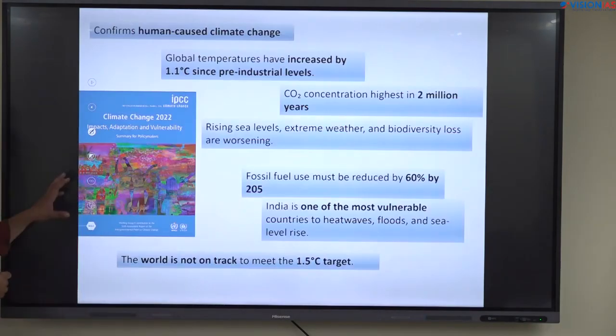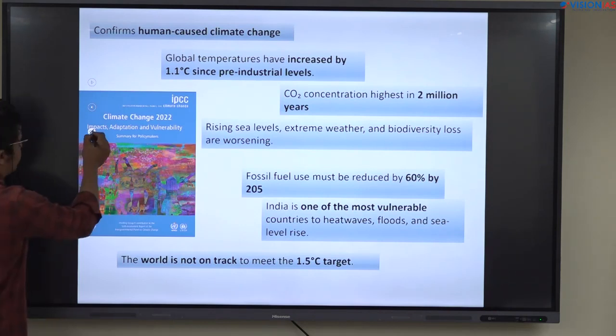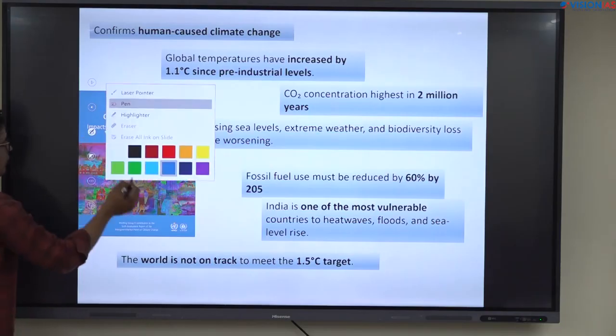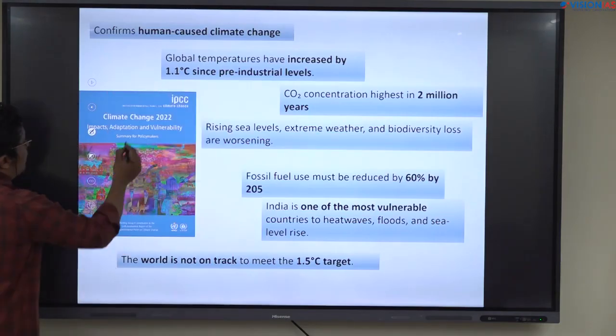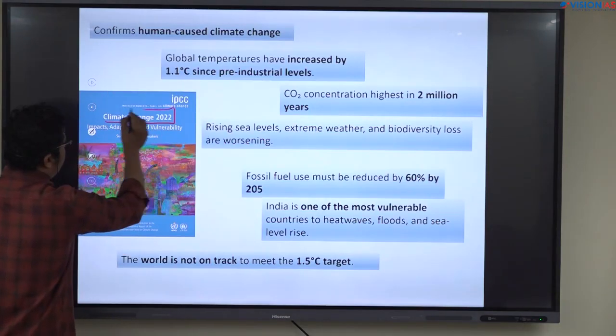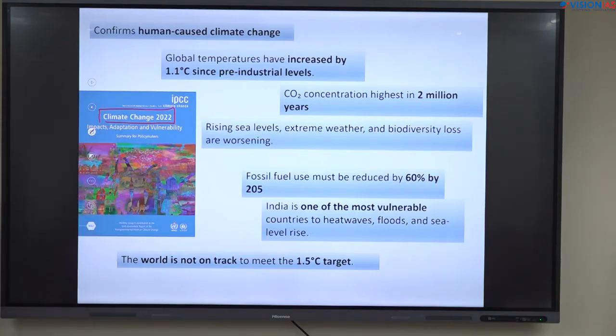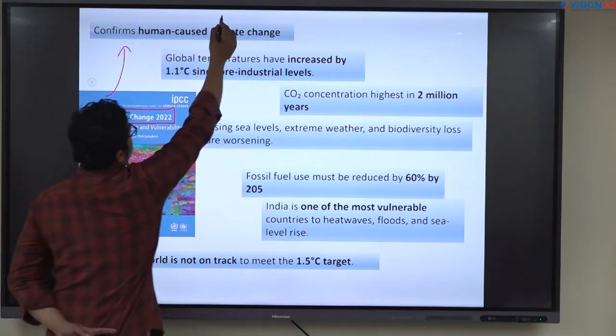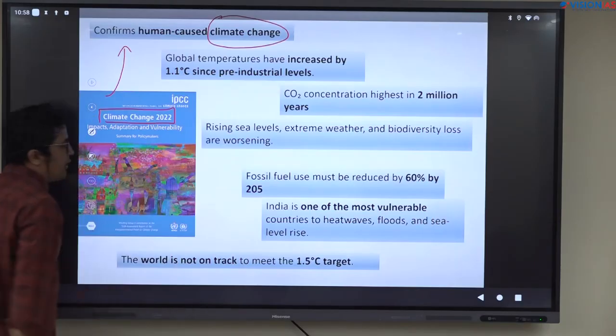So if you look at IPCC's latest report that is available with us, the report which came in 2022, it makes certain predictions. First of all, it confirms that climate change is happening. It is a real event.